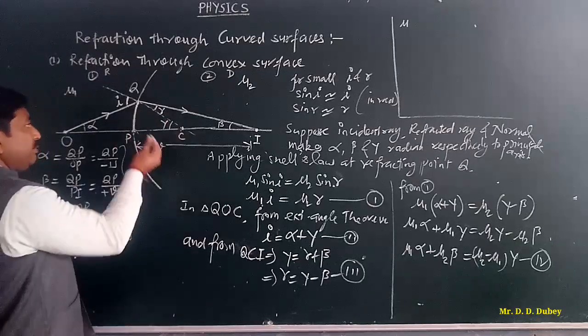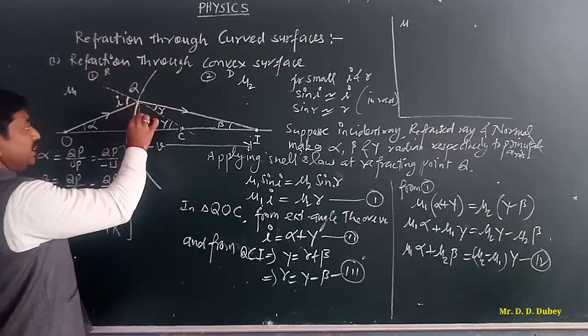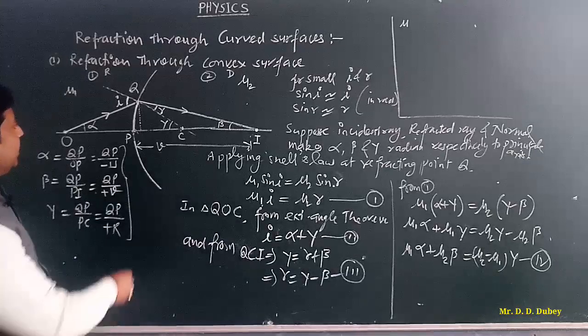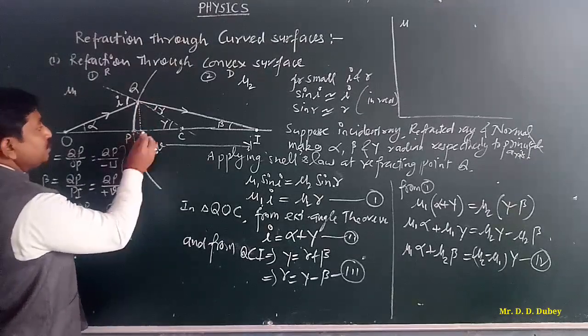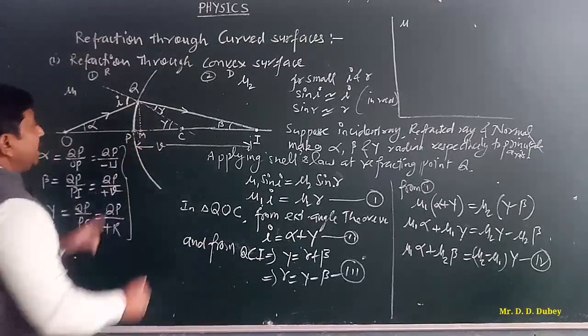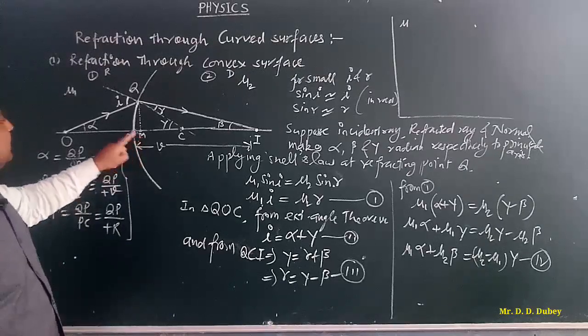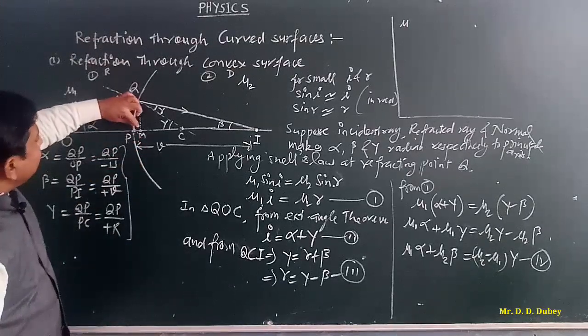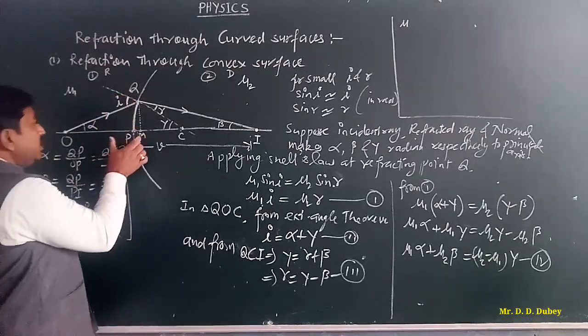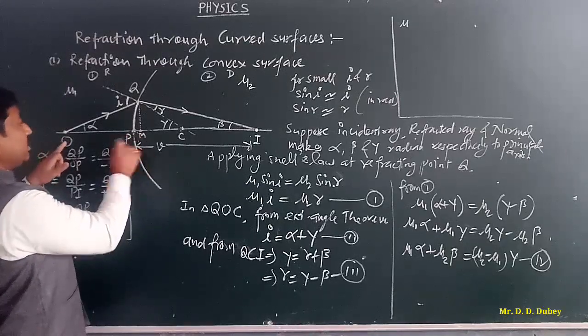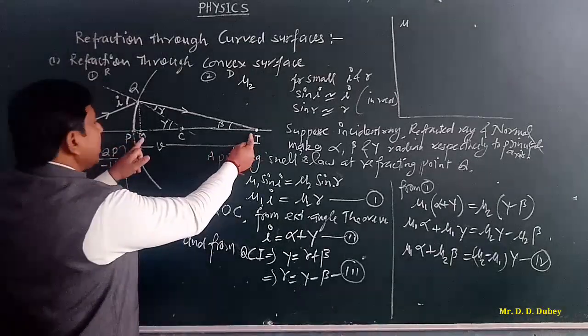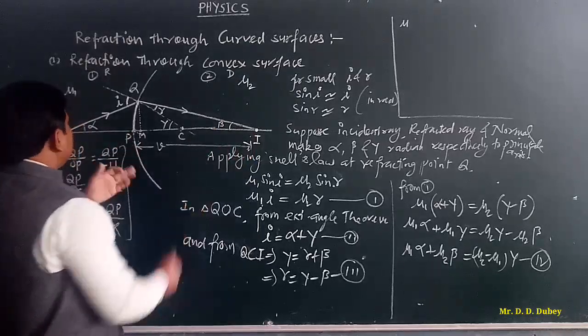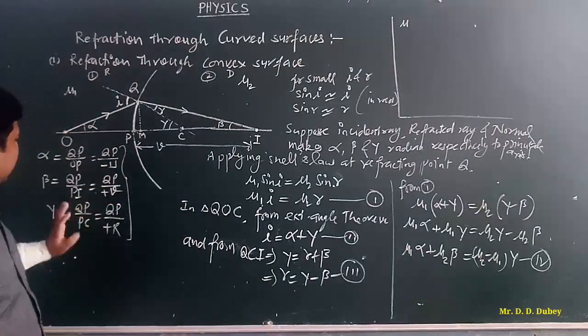In few books this is mentioned by this type: take a perpendicular on the principal axis point M, and this point M is considered just near equal to P. Then finally we put the distance OM just equal to OP, and the distance MI just equal to PI. So initially we have mentioned this.